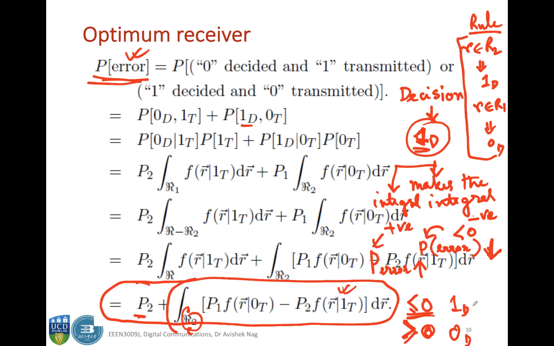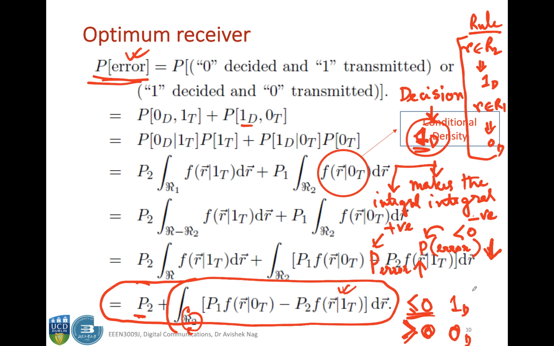But if this decision is giving you a disadvantage by making the probability of error increase, then you have to change your strategy. So then you decide that a 0 was transmitted.